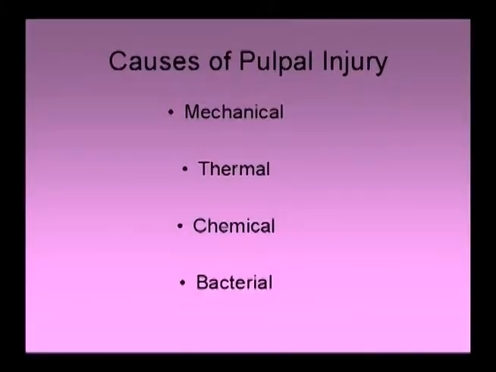It can be mechanical, from the machining of the tooth, possibly with thermal changes from that. It can be thermal from external thermal forces, for example, hot fluids or the application of heat to a tooth, which causes an increased blood flow and thus an inflammatory response in the pulp.